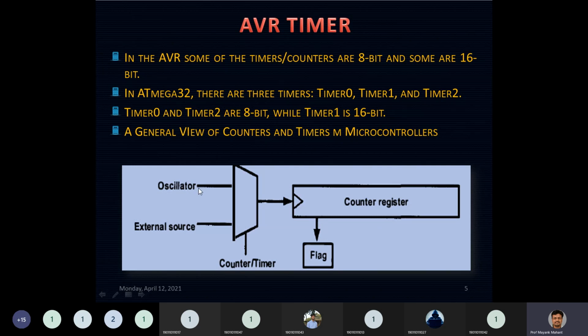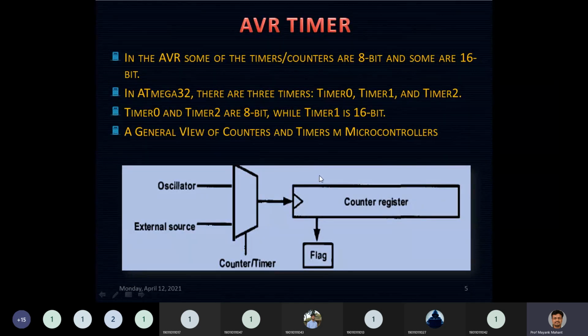Either we can source it from an oscillator or from an external source, and on that basis it works as a timer or a counter. If I source it from an oscillator, it is working as a timer, but if I source it from an external source, in many cases it works as a counter. With every tick of either the oscillator or the external source, the content of this register is incremented.